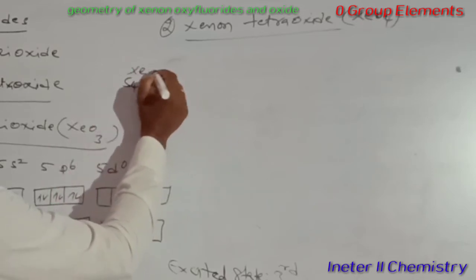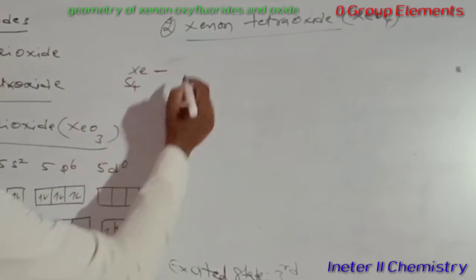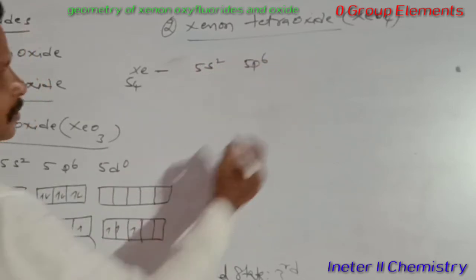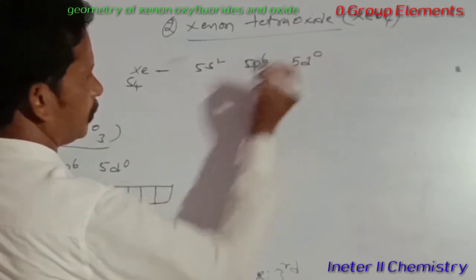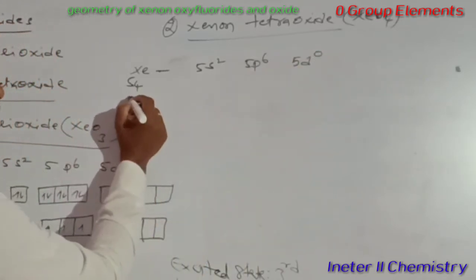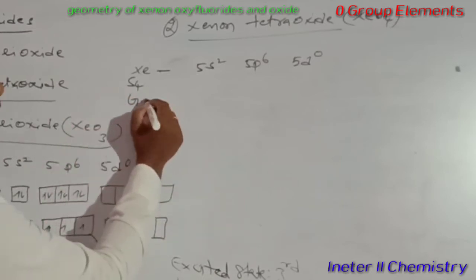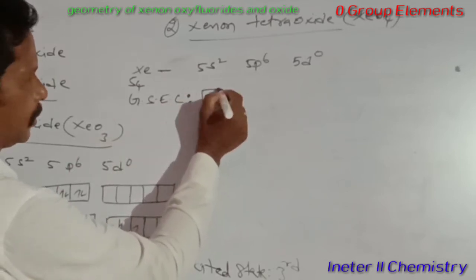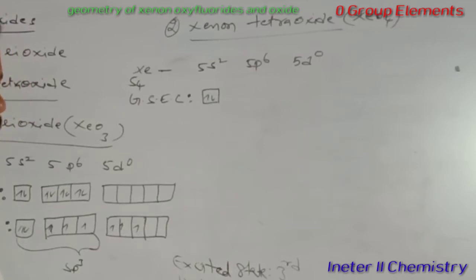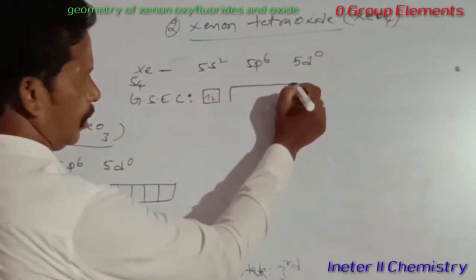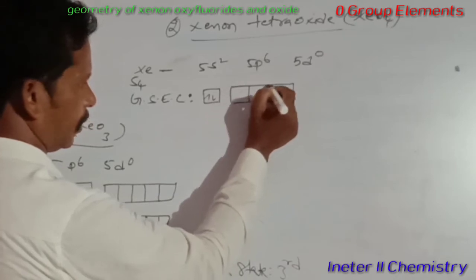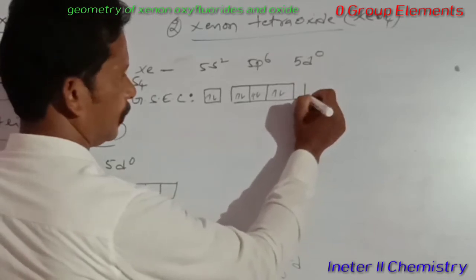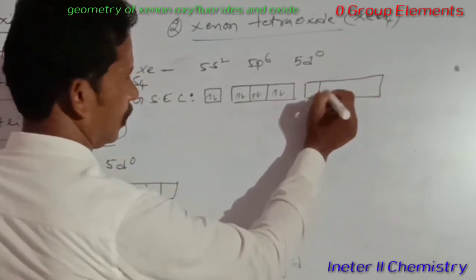Imagine yourself, what is the outermost electron configuration? 5s2, 5p6, and the vacant d orbital is also there. This we consider as the ground state electron configuration. In the ground state, the s orbital contains 2 electrons as it is. The p orbital contains 6 electrons, all paired. The d orbital is vacant.